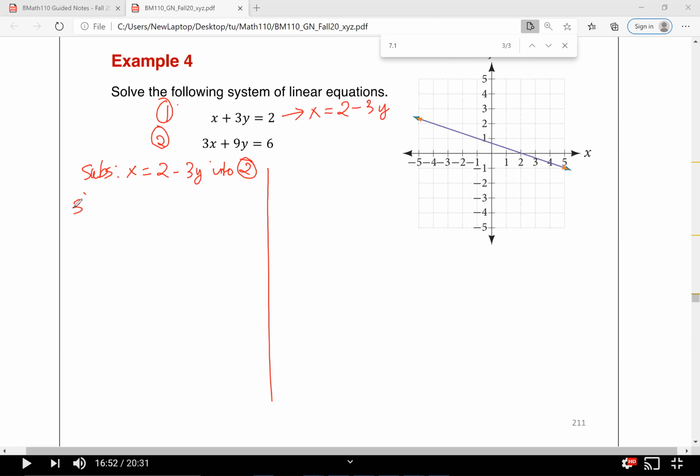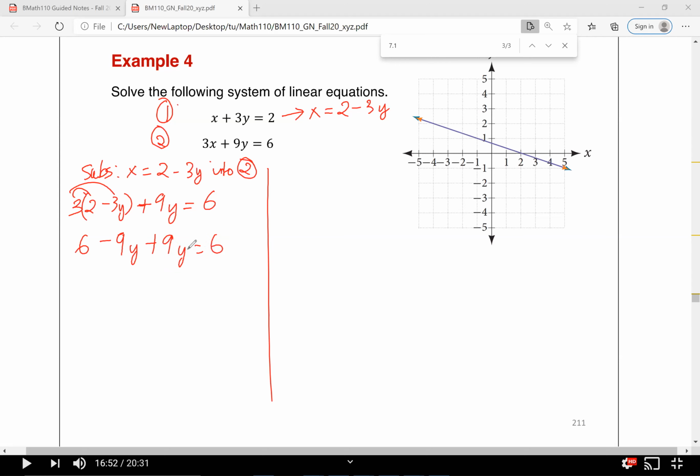So then you have 3 times 2 minus 3y, minus 3y plus 9y equal 6. Okay, so now you have to do distribution, right? So 9, no, not 9, sorry, 6 minus 9y, and then plus 9y equal to 6.